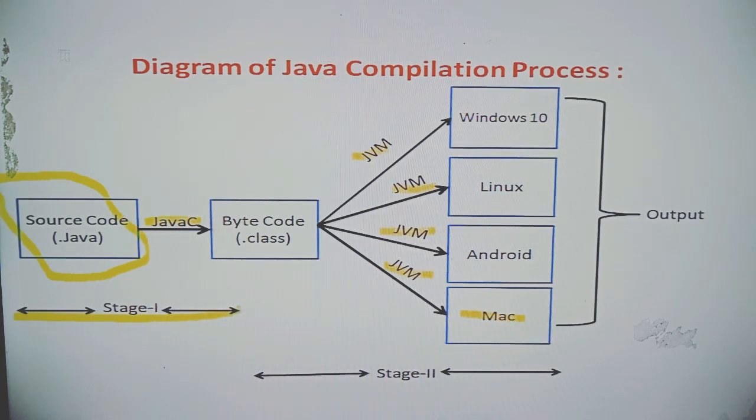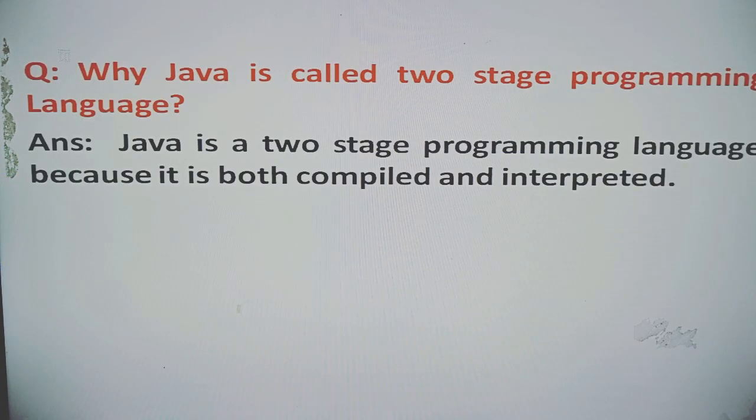Now there is a very important question that is asked in the board examination: why is Java called a two-stage programming language? Java is a two-stage programming language because it is both compiled and interpreted.